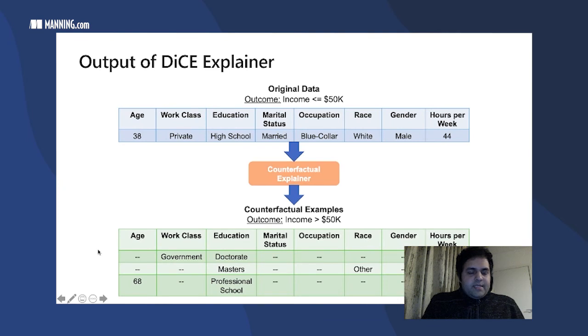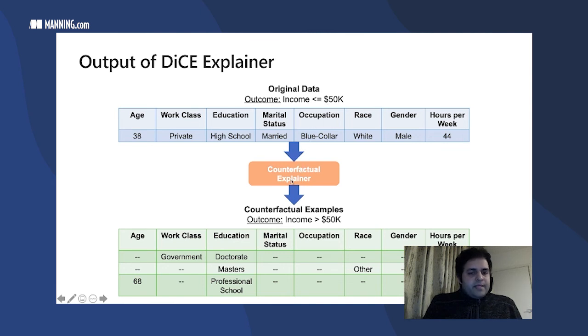And for the data set that I just spoke about, this is essentially a visualization of the data frame output that was generated by the DiCE library, where say we were dealing with this input here of an adult who had a high school education and with all of these other attributes, and the outcome that the model predicted for this adult was income less than or equal to 50K.